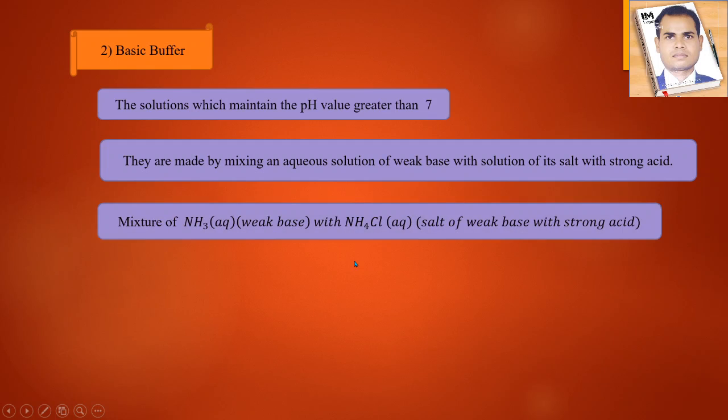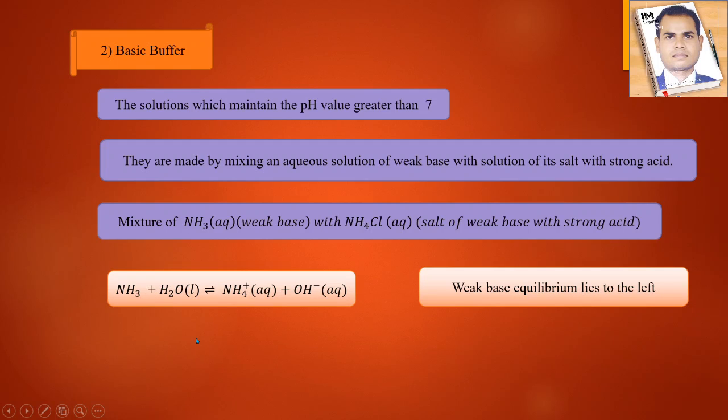So you will see the mixture of the weak base, NH3 in aqueous form, and NH4Cl, which is the salt of the weak base with a strong acid. If you take NH3 with the acid, you get the NH4Cl salt. This is the salt formed by the mixture of HCl and NH3.